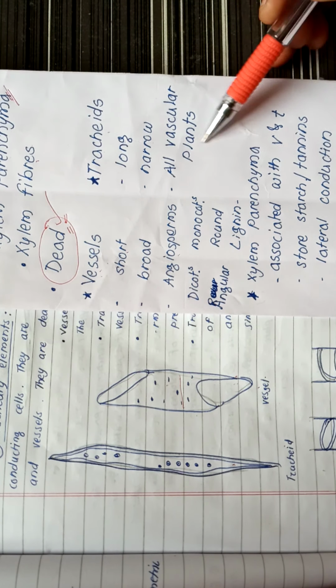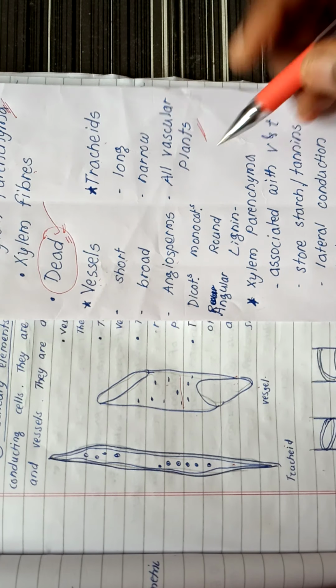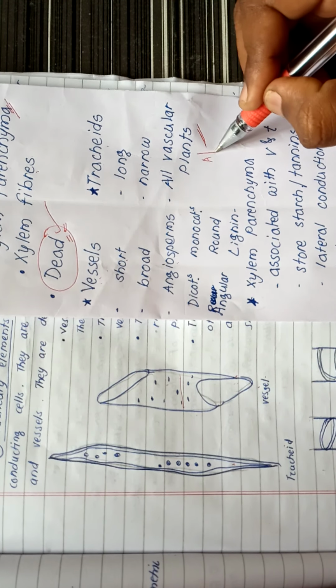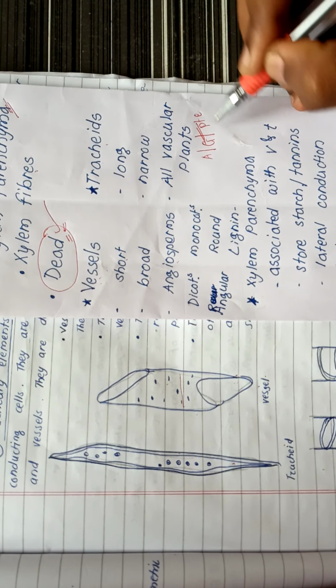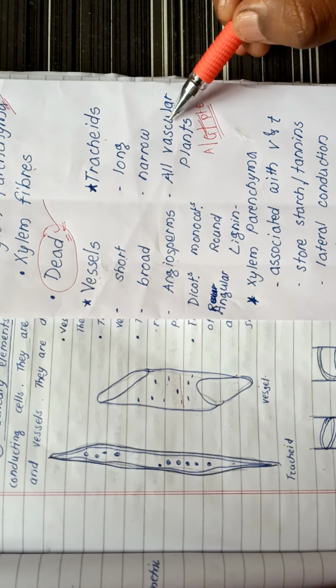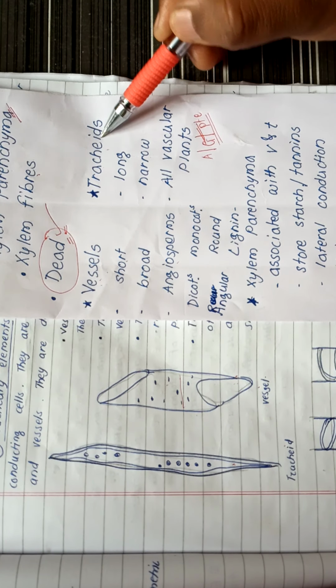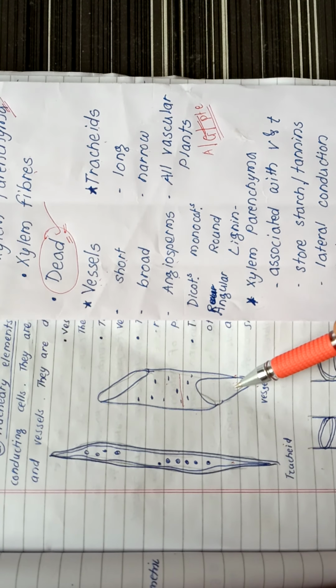But the tracheids are present in all vascular plants. That means they are present in angiosperms, in gymnosperms, and in pteridophytes. In all vascular plants, tracheids are present. Vessels are present only in angiosperms.